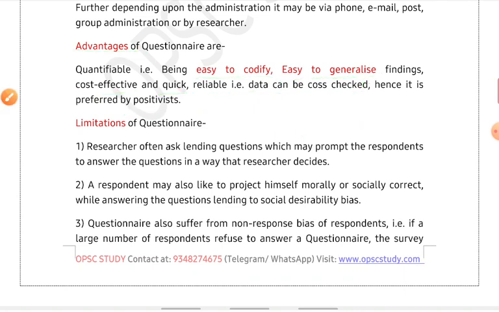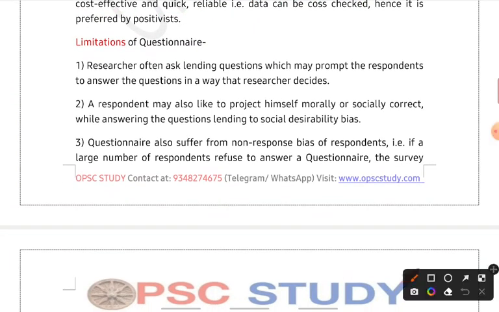Then what are the limitations of it? Researchers often ask leading questions which may prompt the respondents to answer the question in a way that the researcher decides. Now his questions might be in such a way that the respondent will be answering the question how the researcher wants, right?